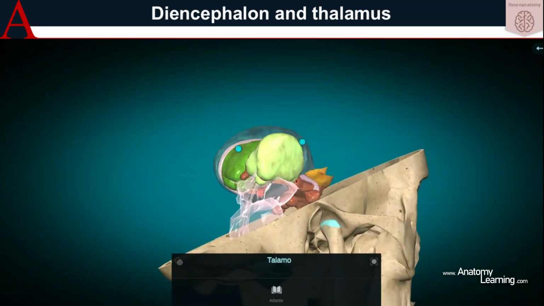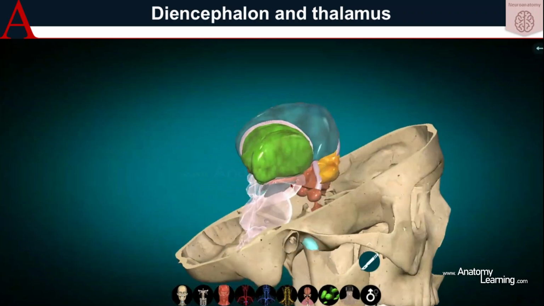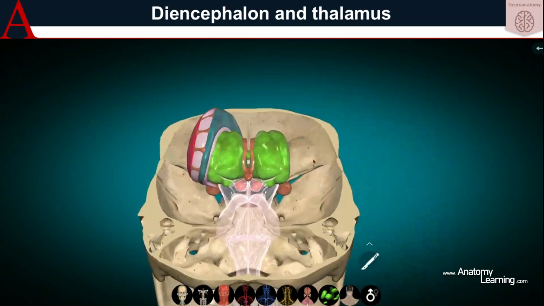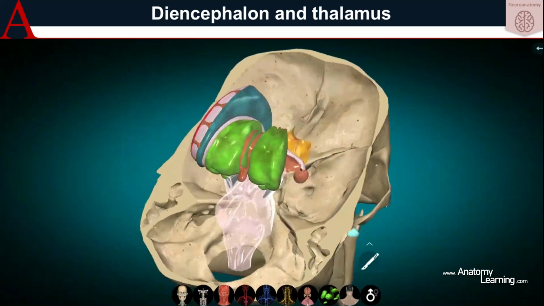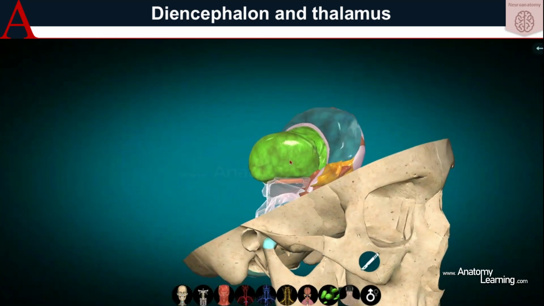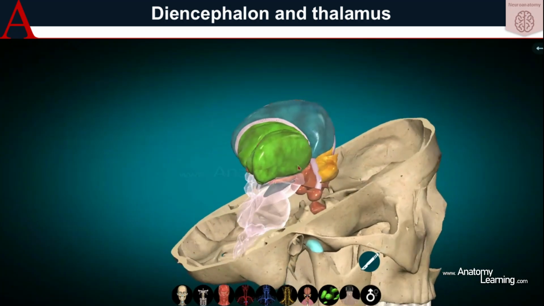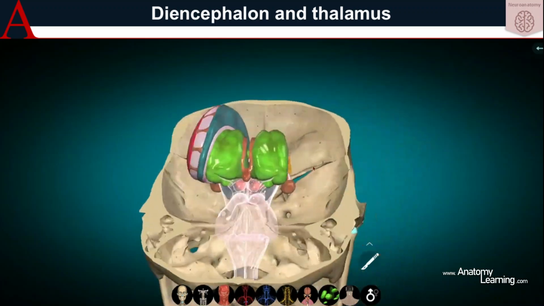Each lateral surface of the diencephalon consists of a symmetrical gray mass, ovoid in shape, the thalamus. The thalamus is positioned obliquely, tilted forward and inward, with its anterior poles much closer than the posterior ones. As previously mentioned, the medial faces of the two thalami enclose the cavity of the third ventricle.